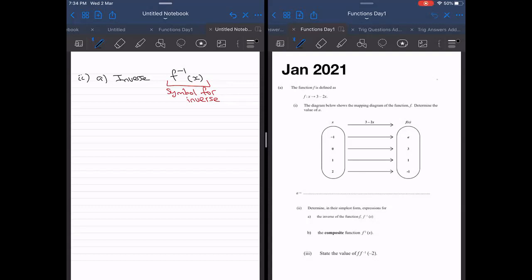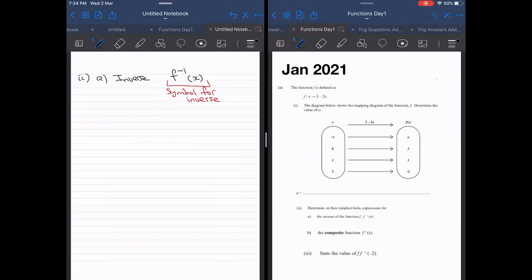Okay, so let me tell you the steps to find the inverse. Step 1, let y be equal to f of x. All right, so let's write the steps as we're doing them.